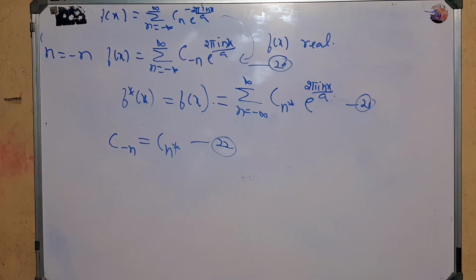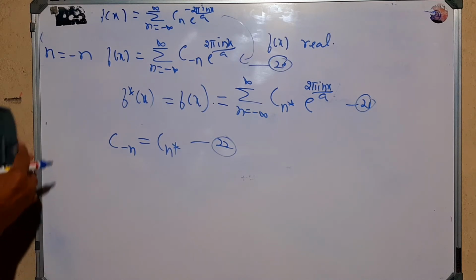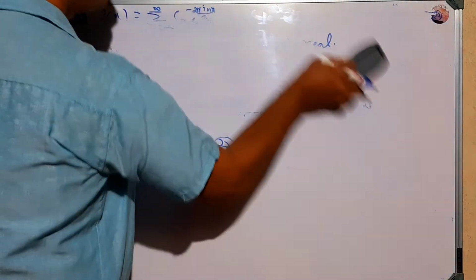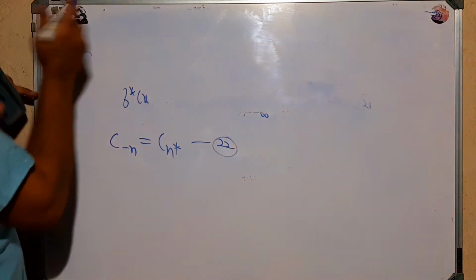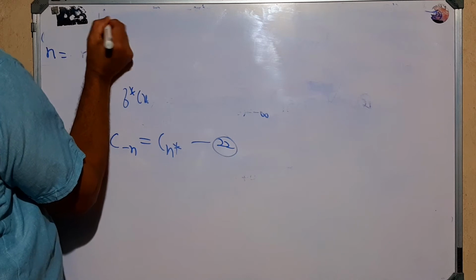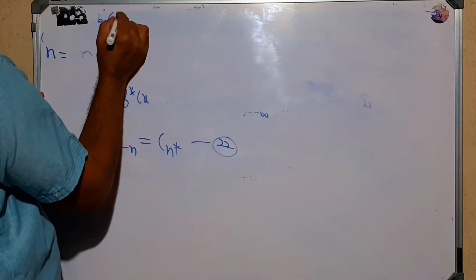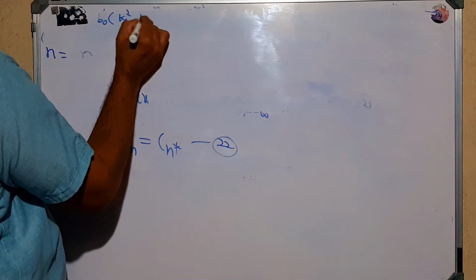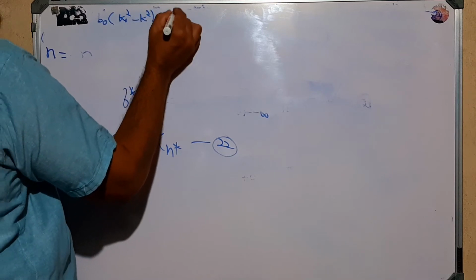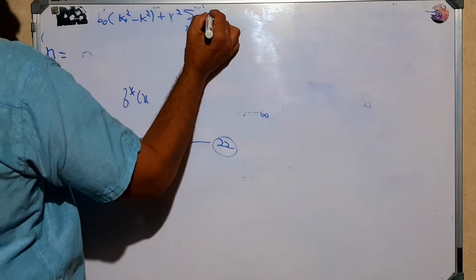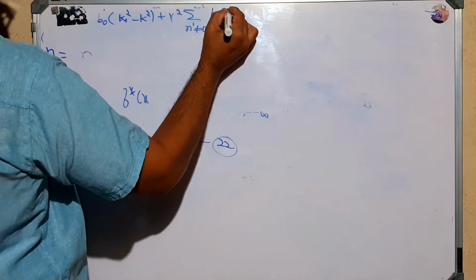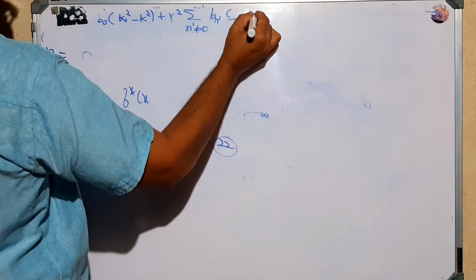So what is equation number 19? Equation number 19 gives, just recall it now, b naught into k naught square minus k square plus gamma square sigma n dash not equal to 0 bn dash c minus n dash is equal to 0.